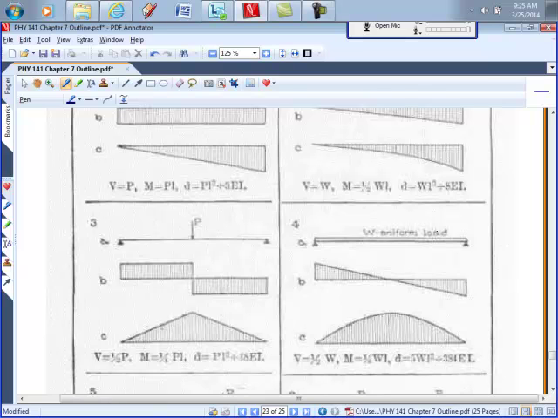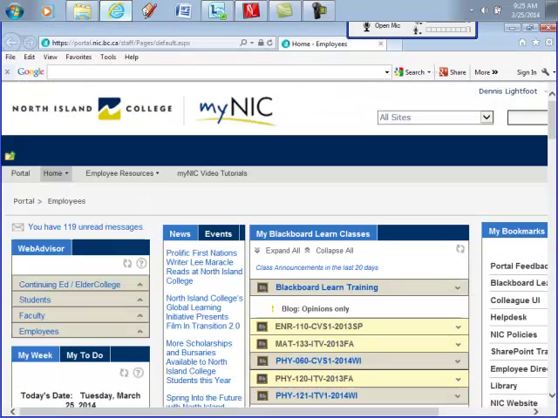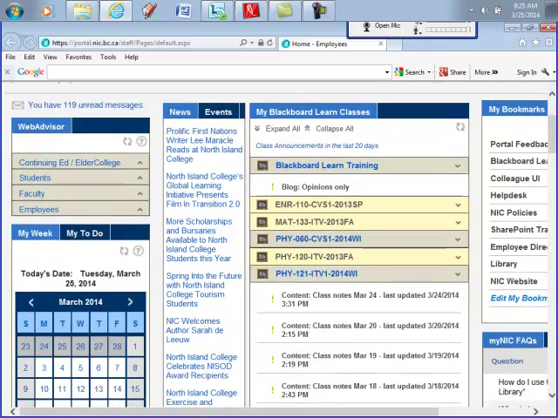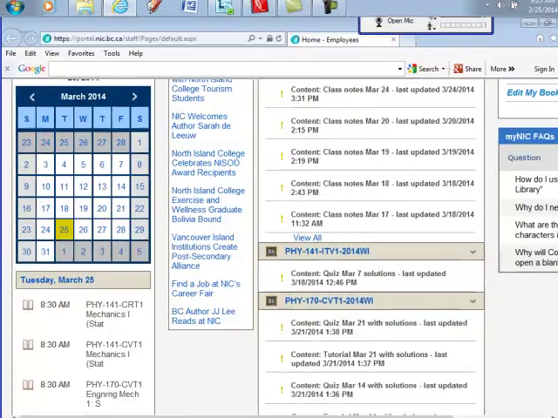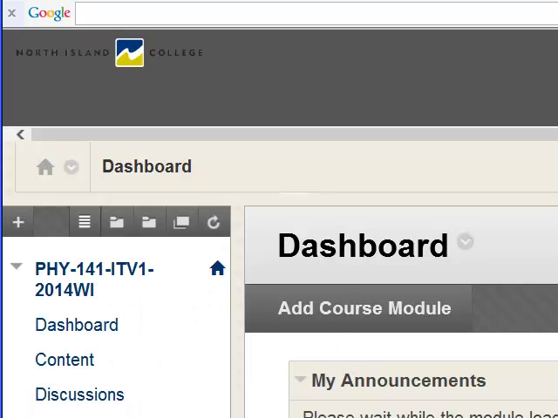Since I made these notes, I found a much better source of shear and moment diagrams. And I've posted them on the Learn site, and I'll put the link in the notes that I send to Jim for College of the Rockies so you guys can find these. Just bear with me for a second. I couldn't get my computer to connect wirelessly before the class, so I didn't have a chance to find the site ahead of time.